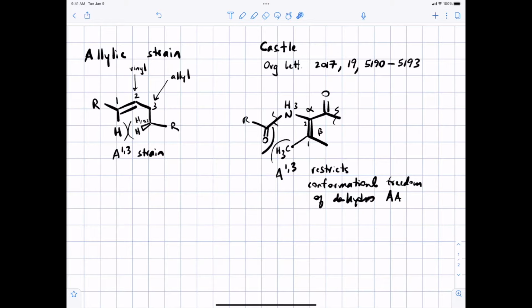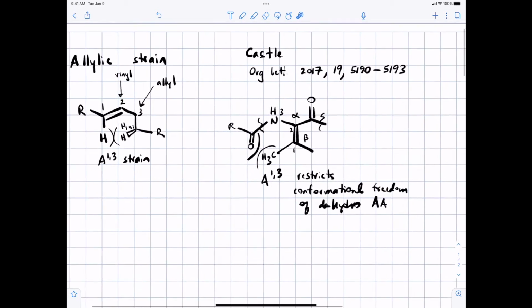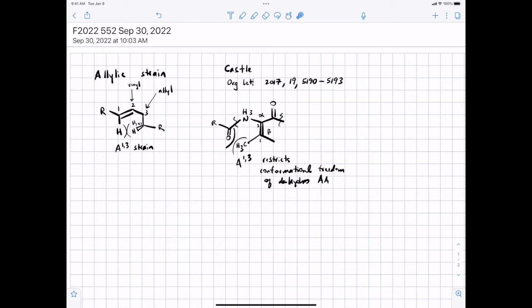So the Castle Lab has discovered that certain dihedral angles about this bond, and perhaps even this bond are favored because of that allylic strain. And they're starting to learn rules about where you can put these unnatural amino acids in existing protein and peptide secondary and tertiary structures, and whether that can increase their stability and resistance to proteolytic degradation. All right. Anything you want to say about that?